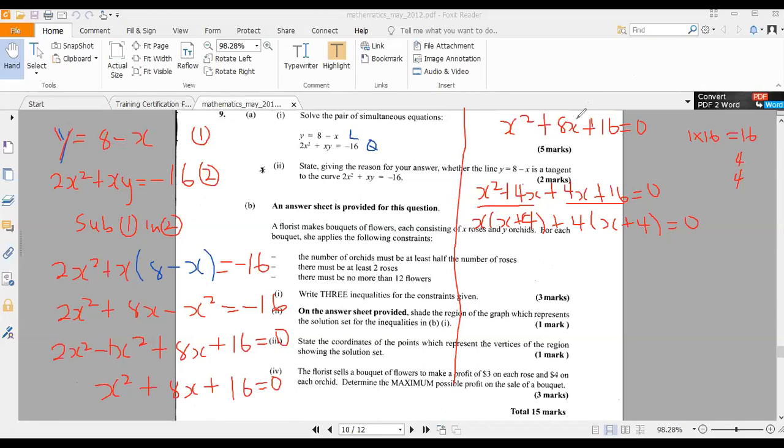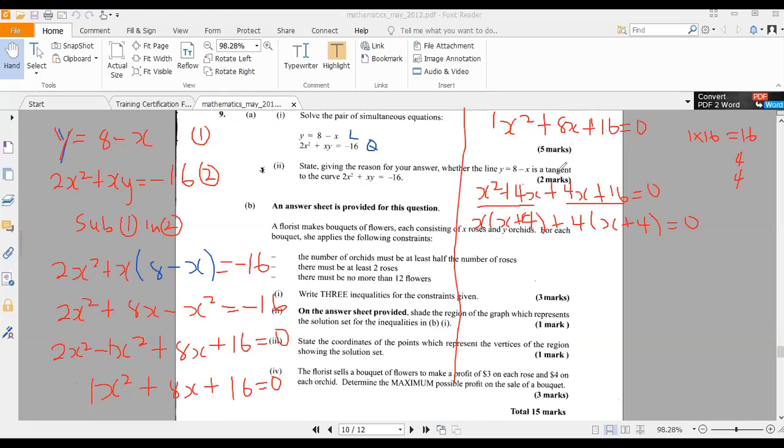So remember now, what actually happened here is this: 2x squared minus 1x squared gives me 1x squared. So you get 1x squared plus 8x plus 16. When you get that, you are going to factorize this. You multiply the 1 times the 16, which gives you 16. Then you use 4 and 4 to represent the 8.